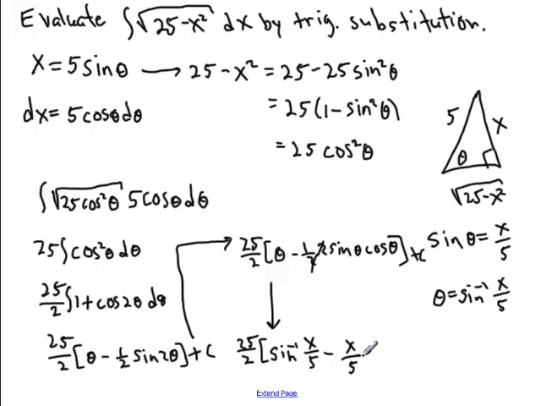And so we'll include that in our fraction. Over 5 times 5 in the bottom, or we can just make that into 25 here. And that's what sine theta cosine theta is. So that's how to deal with the sine 2 theta portion of things. And at last, we put our plus c. So our final answer is 25 over 2 inverse sine x over 5 minus x times the square root of 25 minus x squared over 25, plus c.